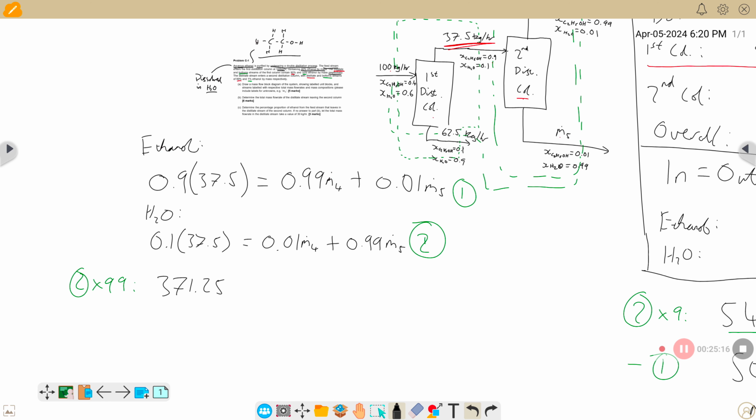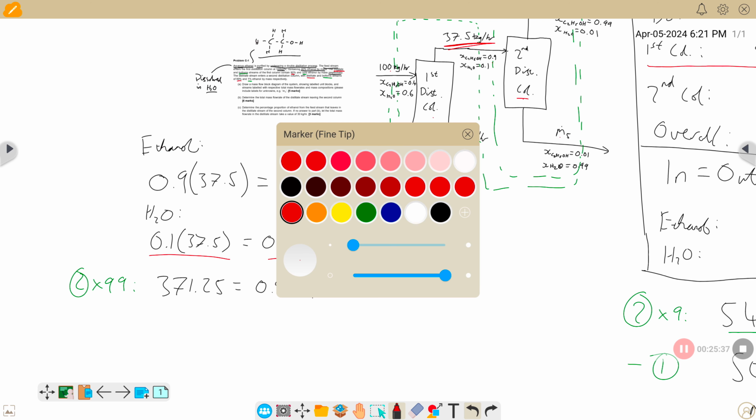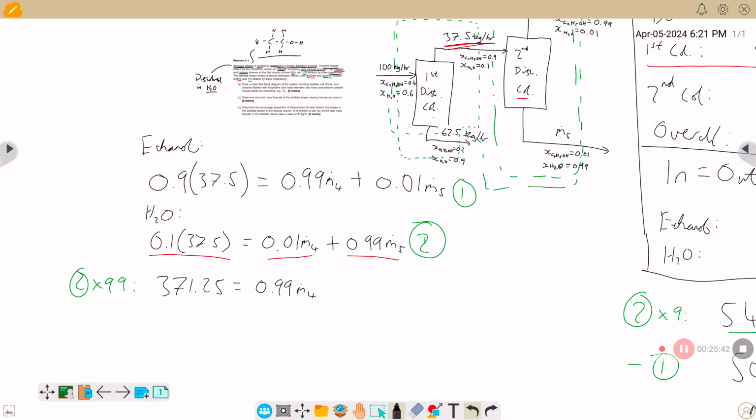So that's just this times 99, if you didn't catch that. And when I multiply this by 99, that's just going to give me 0.99 M4. And when I multiply this by 99, that gives me 98.01 M5.